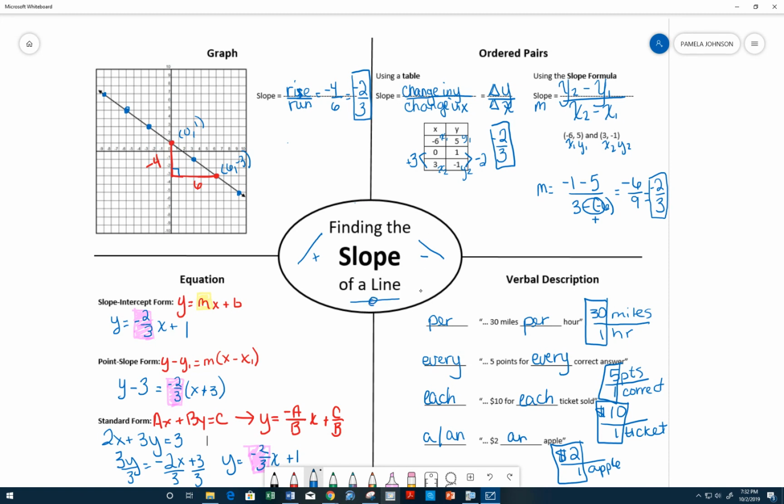Okay, but you could also have an undefined slope. Okay, that undefined slope is if it is vertical and it's going straight up and down. Okay, so you can have an undefined slope, you could have a zero slope, positive if it's going up from left to right, or negative if it's going down from left to right.